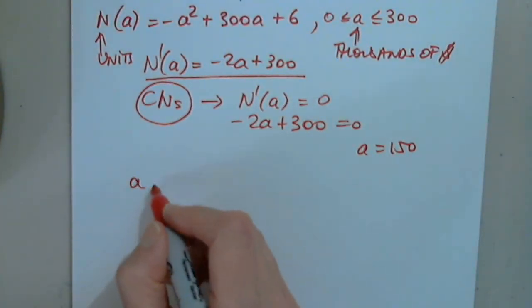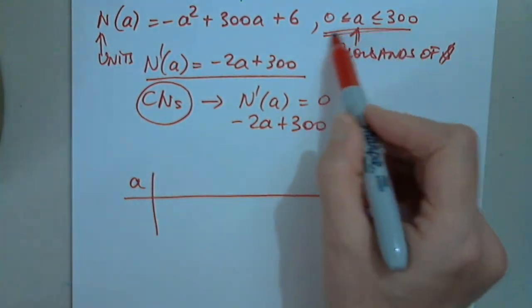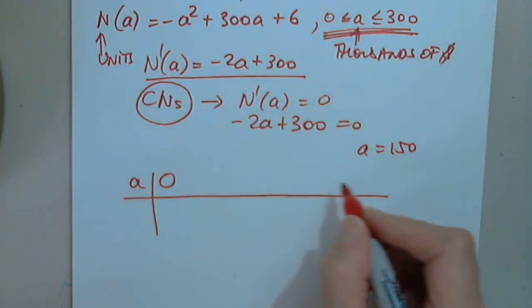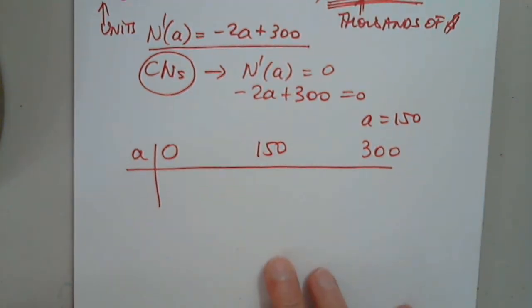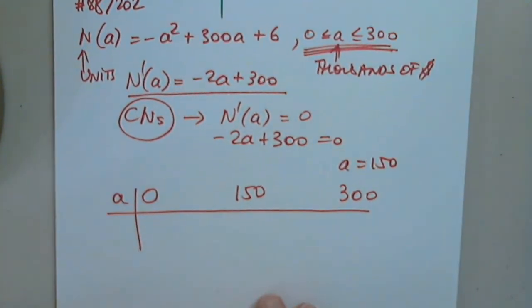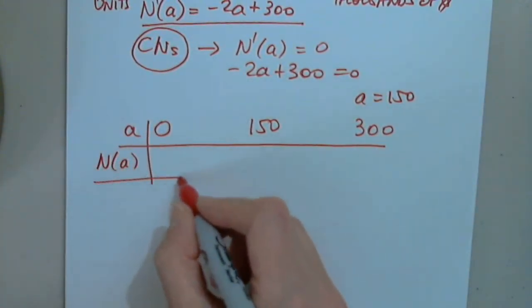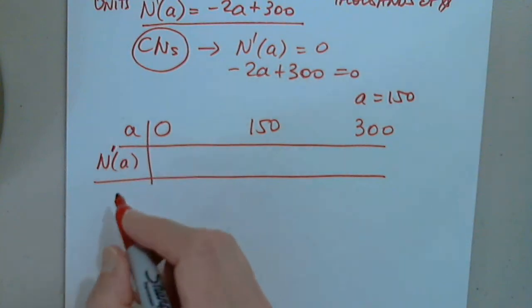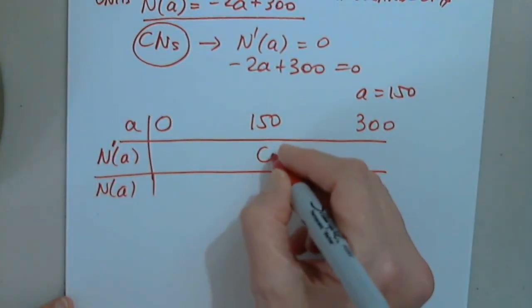Okay, so A, careful, the domain is 0 to 300, and we have 150. We're given the domain, we cannot play with that. So this is N of A, of course N prime first, and N of A. Good. I know that this is 0.